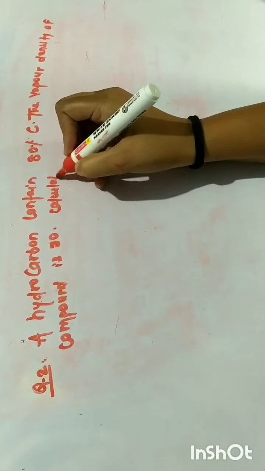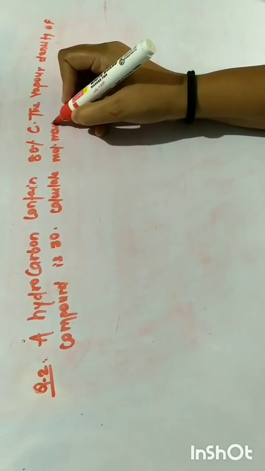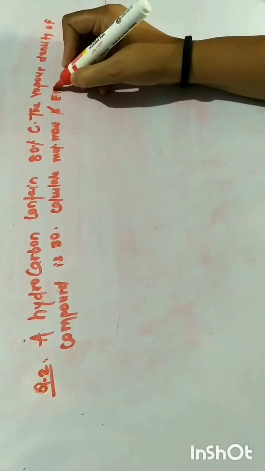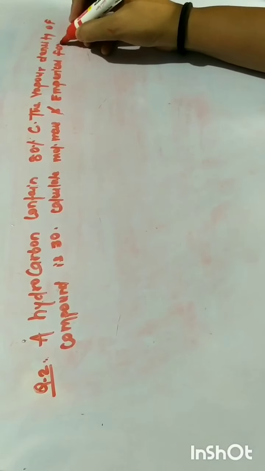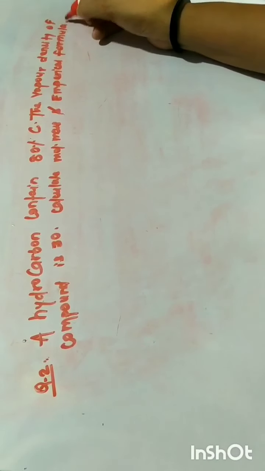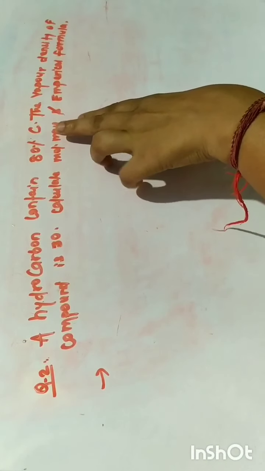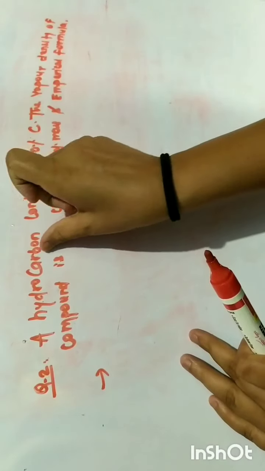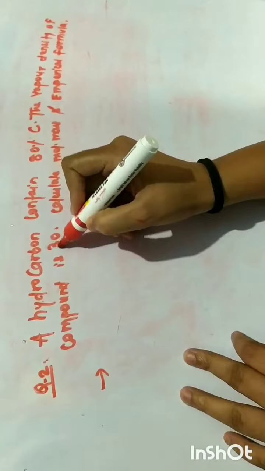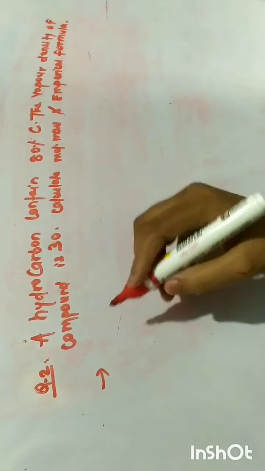Calculate the molecular mass and empirical formula. So, a hydrocarbon contains 80% carbon, the vapor density of the compound is 30. Calculate the molecular mass and empirical formula.